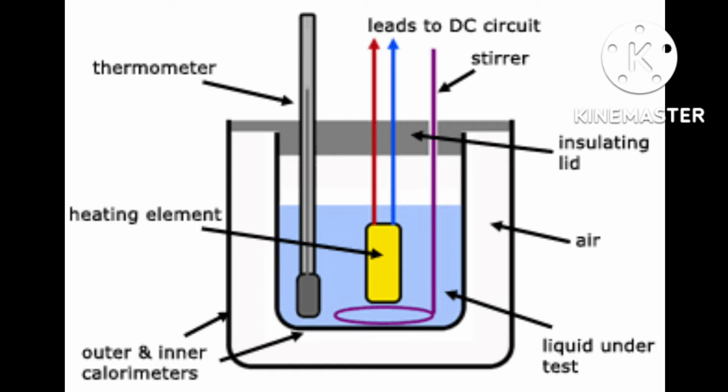Knowing the heat capacity of the liquid in which the calorimeter is immersed, and sometimes the heat capacity of the calorimeter also, it is possible to determine the heat evolved in the process by measuring the temperature change.